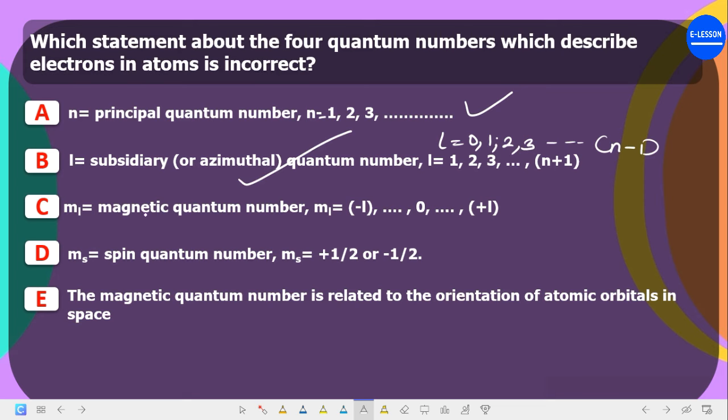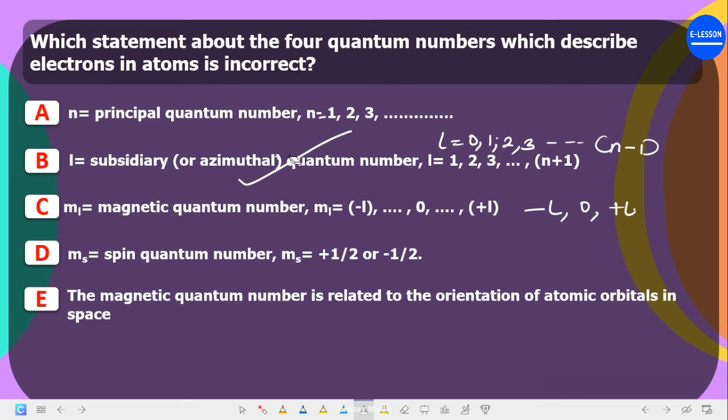Now ML is the magnetic quantum number, and ML has values ranging from minus L through 0 to plus L. That is correct. Now the spin quantum number MS is equal to plus half or minus half. This is correct. The magnetic quantum number is related to the orientation of atomic orbitals in space. All these are correct, but this is incorrect, and we are looking for the incorrect one.